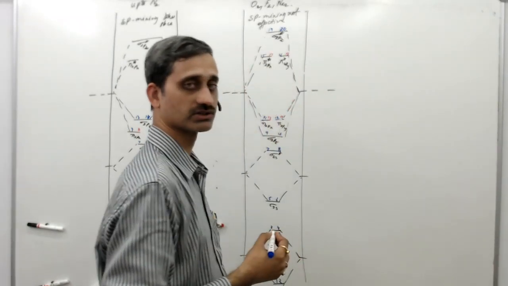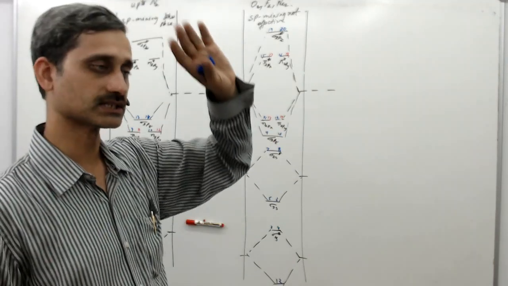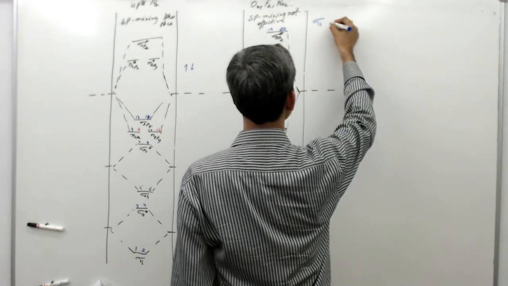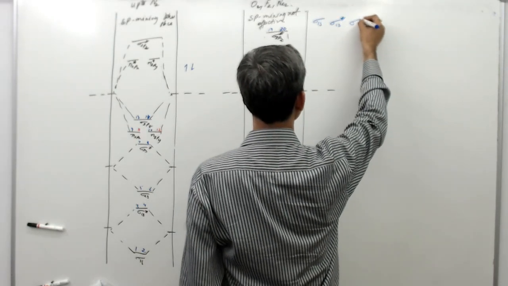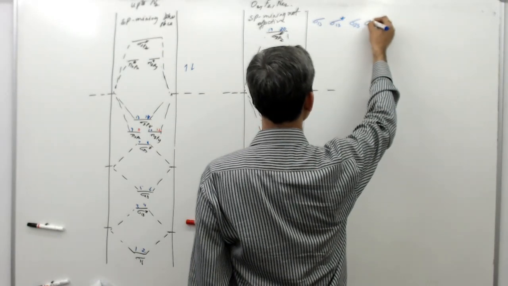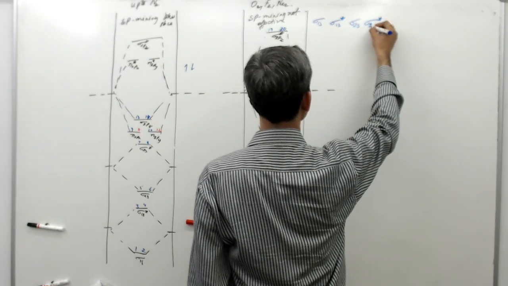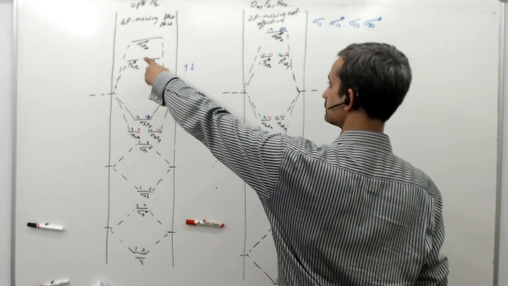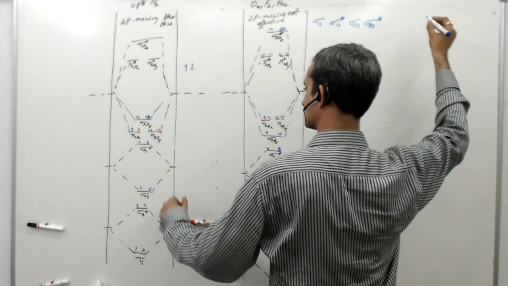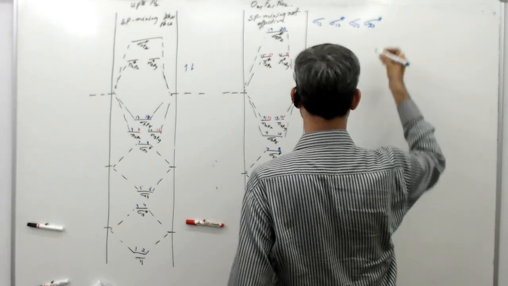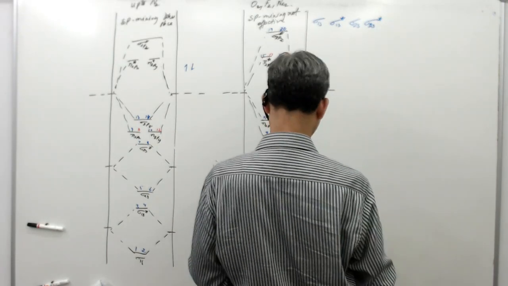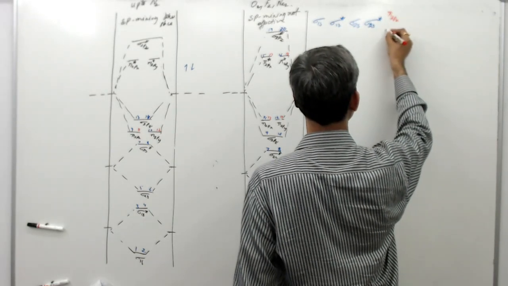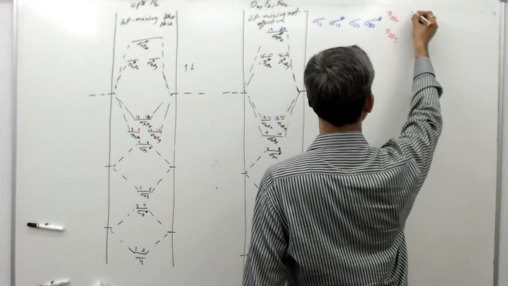In atomic structure, we had written 1s2, 2s2, 2p6, 3s2, 3p6 like that. In the same manner here also we can write sigma 1s, sigma star 1s, sigma 2s, sigma star 2s. Then, with sp mixing, we are going to have pi 2px, pi 2py.